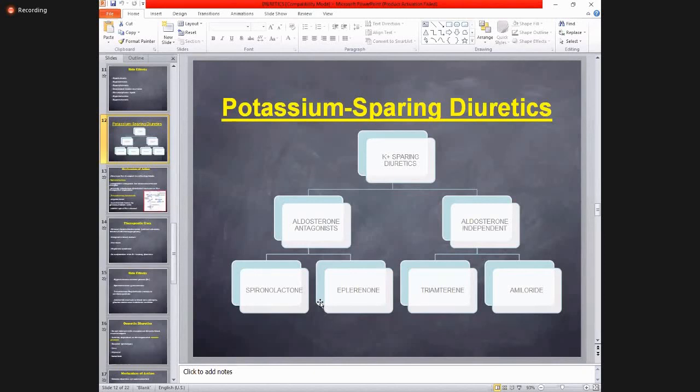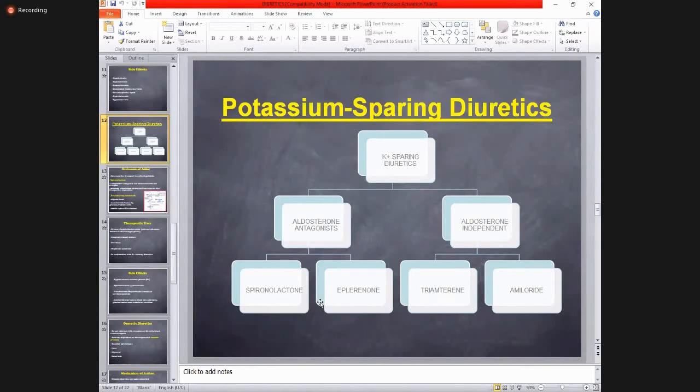In an emergency situation we can definitely use loop diuretics to save the patient's life, but normally in mild to moderate situations we use thiazide diuretics.